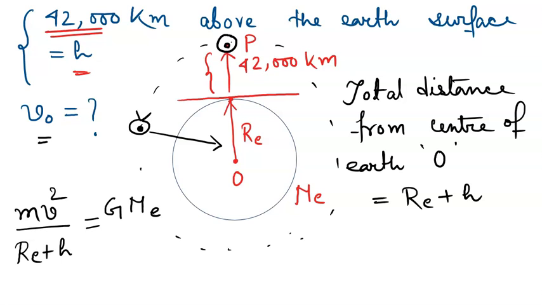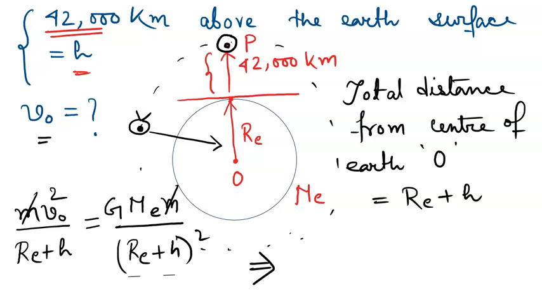So ME will be the mass of earth and small m will be the mass of the satellite, and the distance square will be RE plus h whole square. So like this we can equate. Here v is the orbital speed, V0, the speed with which the satellite is moving in circular orbit.